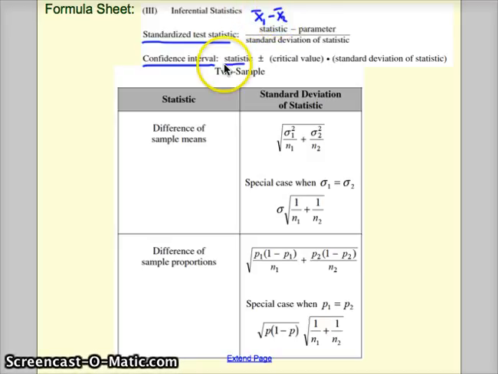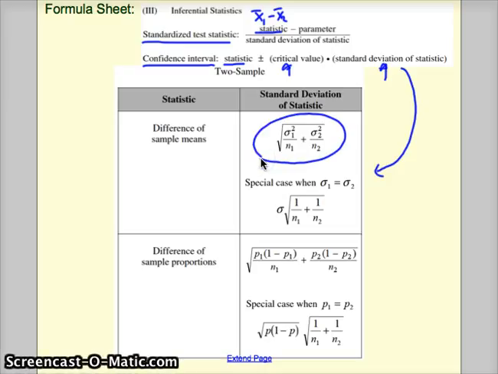In both cases, that's our statistic. Critical value, that's probably t, probably not z. And then we have this standard deviation of the statistic, which is shown to you here, using sigma. So you need to know that if we don't have sigma, it's a t interval, and we're going to pull out sigma and put in s.